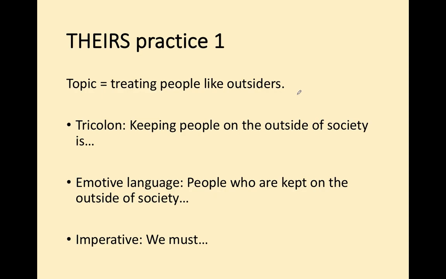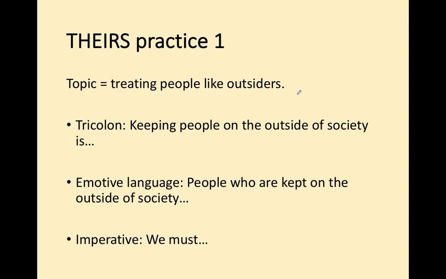And then imperative, we must, what must we do? Give a command or order about how we can treat people as outsiders, or how we can treat those people better in society. So a chance to pause the video now. You're writing a tricolon, emotive language, and imperative about treating people like outsiders.